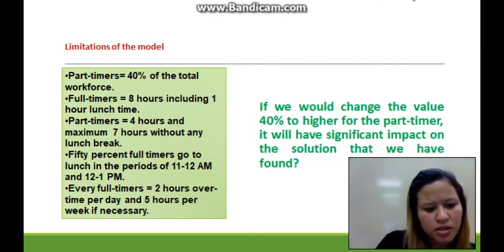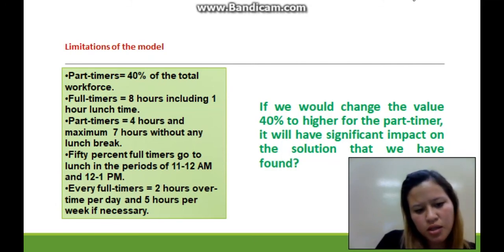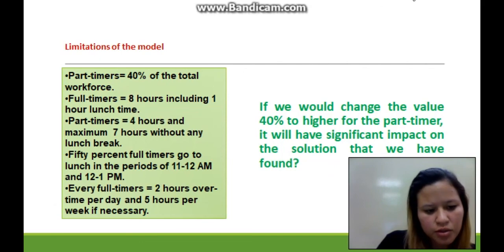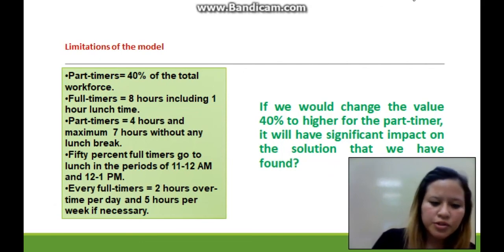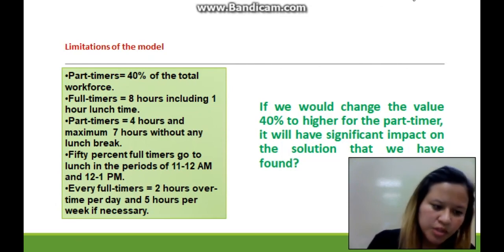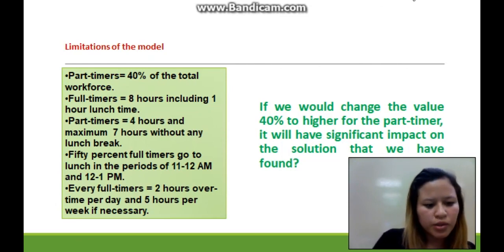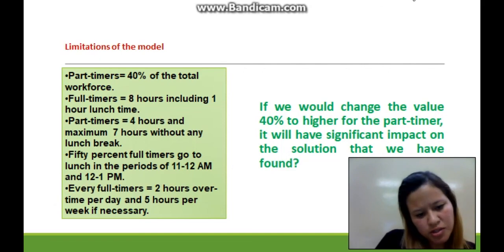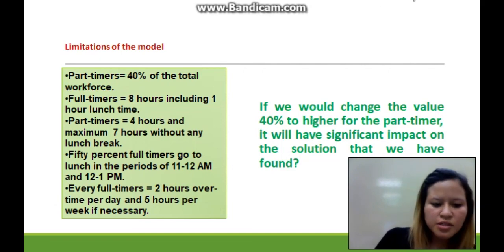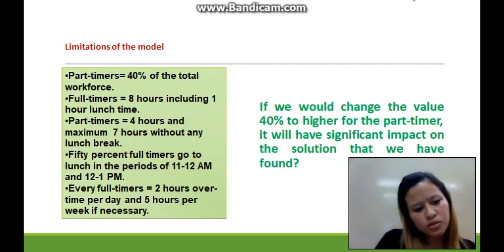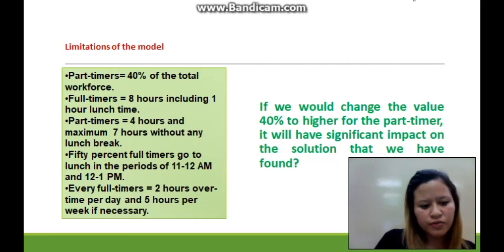Part-timers cost less than full-timers. Another issue is that we have more full-timers than required in some periods. This could be minimized if we considered a higher percentage of part-timers, resulting in lower numbers of full-timers.